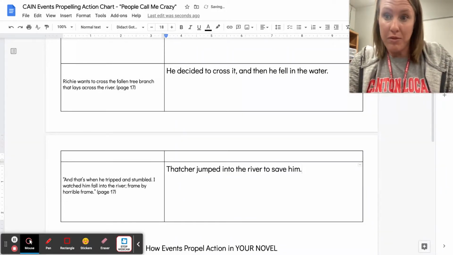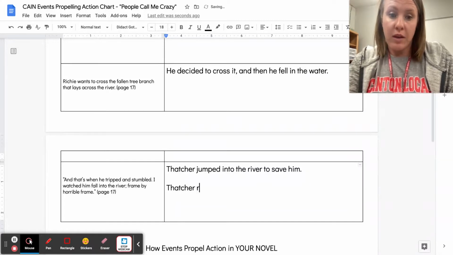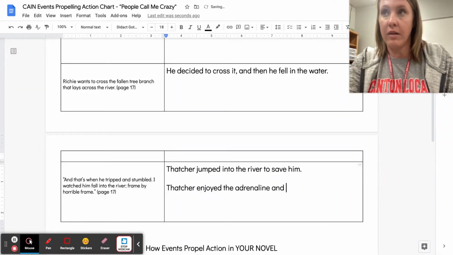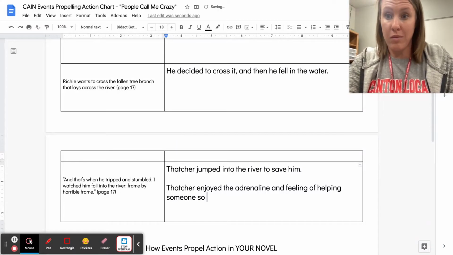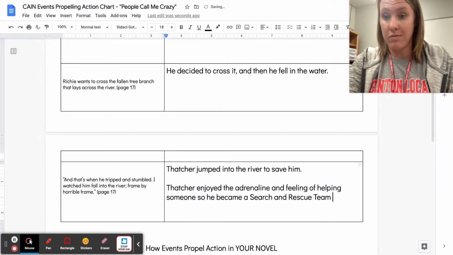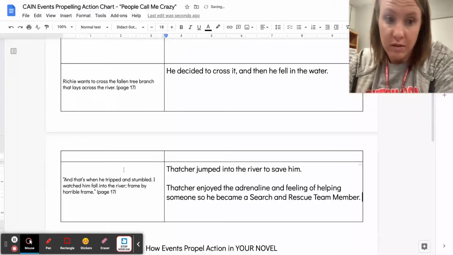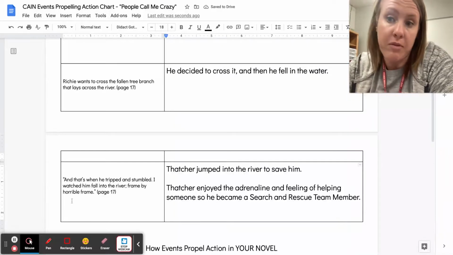Another thing that happened from that is Thatcher enjoyed the adrenaline and the feeling of helping someone, so he became a search and rescue team member. So two events happened from that one. This was a big one.